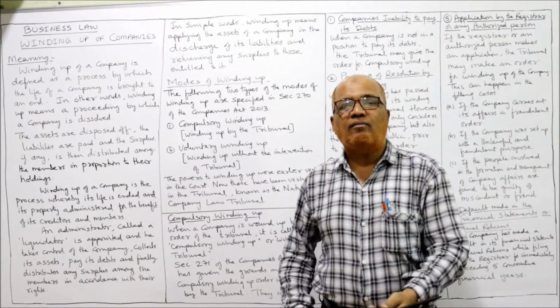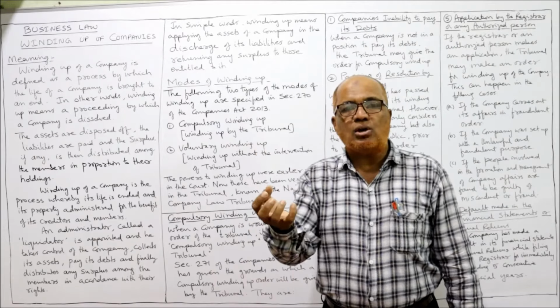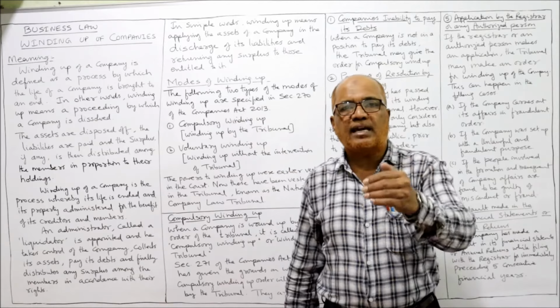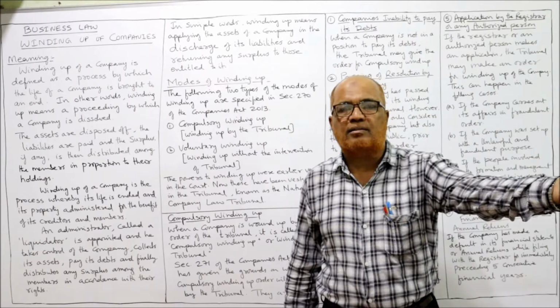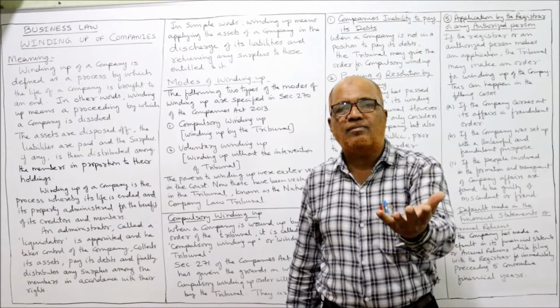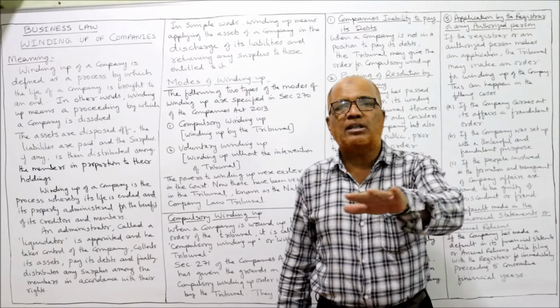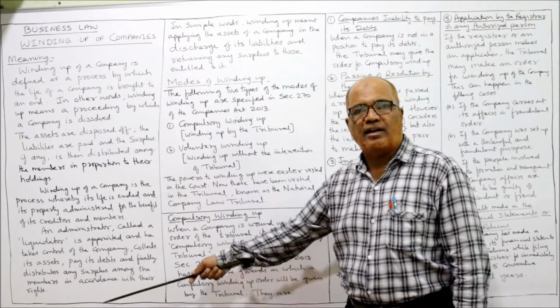The liquidator will take charge of the company. He will realize all the assets. He will sell off all the assets and receive the cash. From that cash, he will make the payment to liabilities. After payment to liabilities, if any surplus is left, that surplus will be distributed among the members according to their rights. That is the winding up.